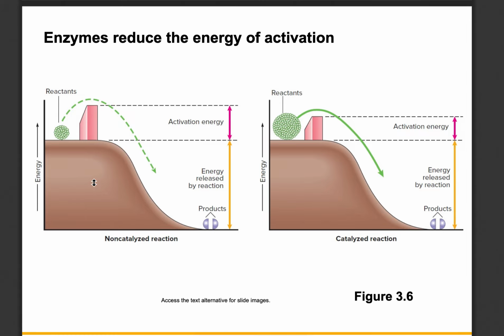But a big important concept with this is something called enzymes. Enzymes are in the body, and they're really there to help reactions occur. Reactions occur on their own. You don't need enzymes for reactions to occur, but enzymes simply make it easier. This example shows you the reactant, the green thing, and then this pink wall that blocks it from going down the hill and doing its work.